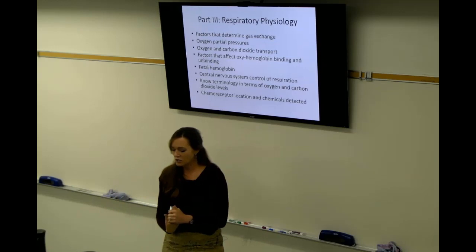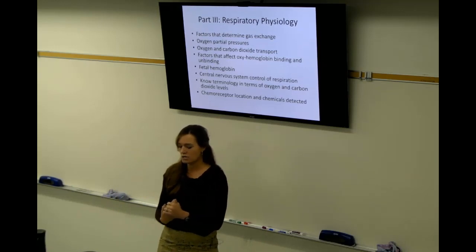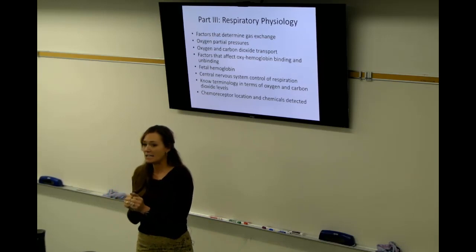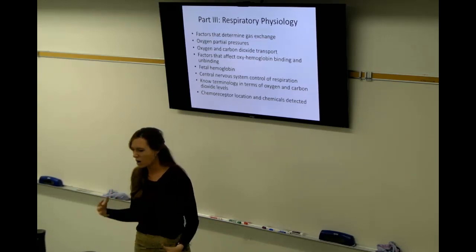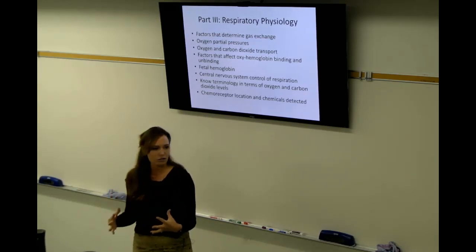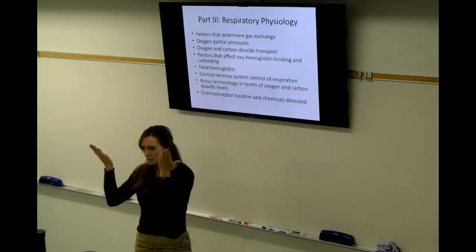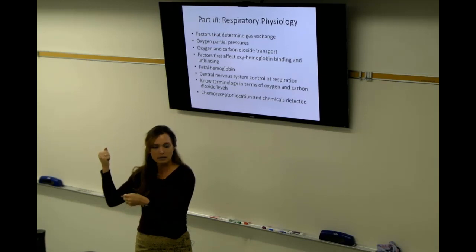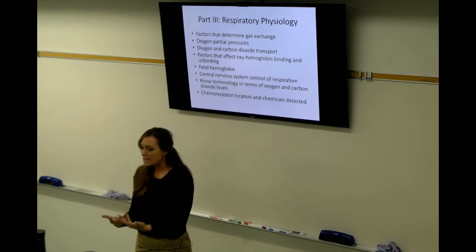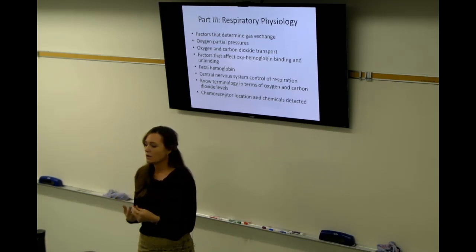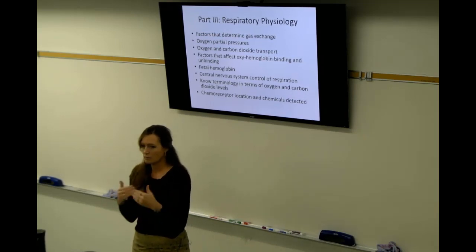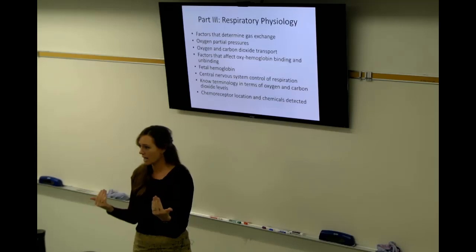What are factors that are going to affect oxygen and hemoglobin binding and unbinding? I find it easier to think of a hot, sweaty, burning energy muscle. So think an increase in temperature is going to help oxygen and hemoglobin unbind. If you have acidity, the presence of acid, we've learned the carbon dioxide, when it's released from the cells, combines with water to become carbonic acid.